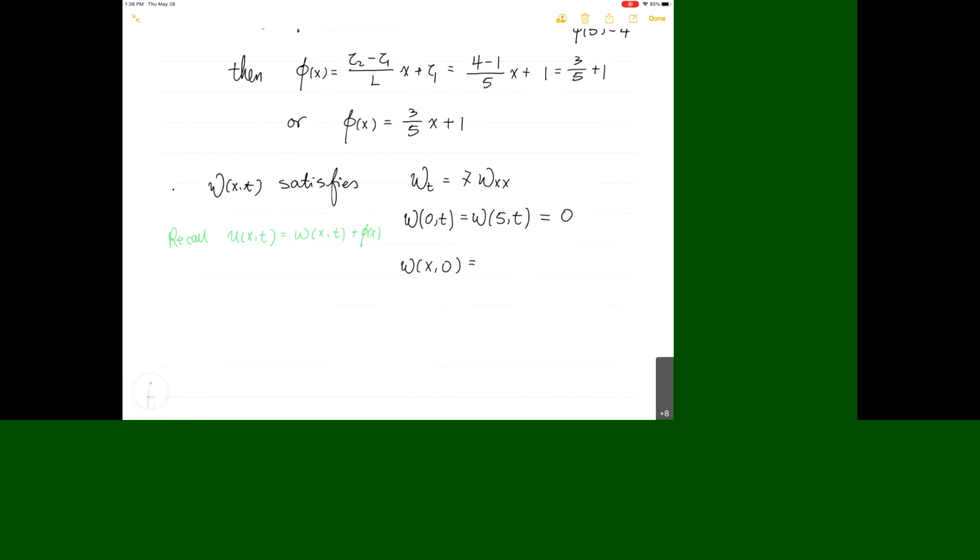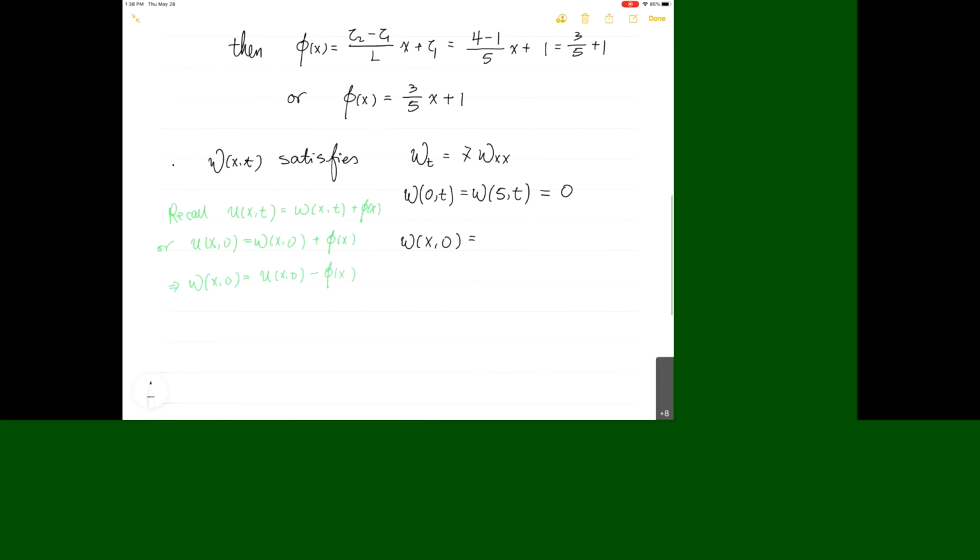And then we replace the t by 0. So u of x, 0 equals w of x, 0 plus phi of x. So we can simply derive that the initial condition for w is nothing but u of x, 0 minus phi of x. So this is the initial condition.